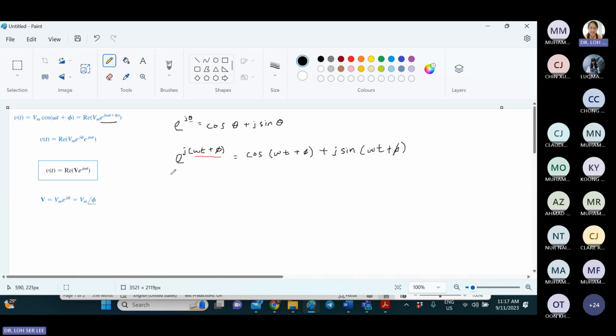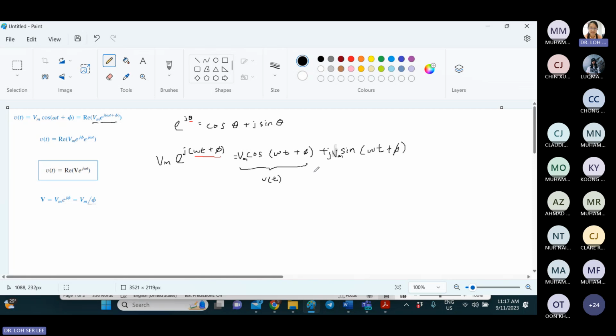Then when we multiply, there's a Vm here, right? When we multiply the Vm on the left, we have to multiply the Vm on the right as well. And here we have jVm. Now we have this, and this is your sinusoid.